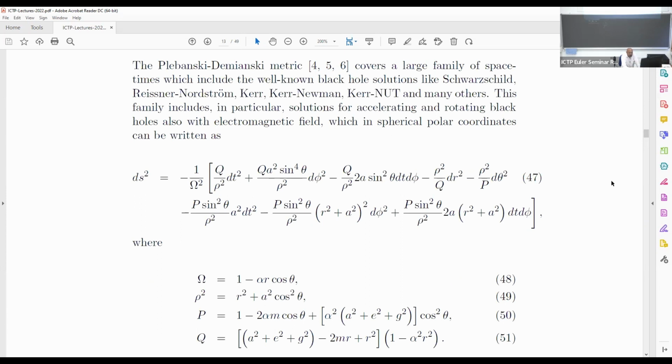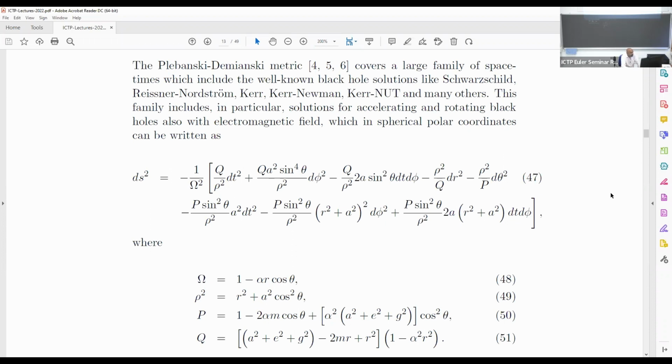The names are technical. In the literature, it is called the Plebanski-Demianski class of solutions. These two researchers gave a solution from which all the basic solutions can be derived or reduced.